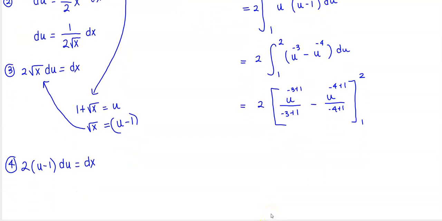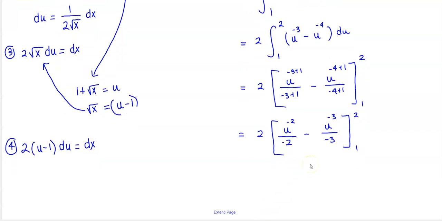Now let's complete this. We have 2 times u to the negative 2 over negative 2 minus u to the negative 3 over negative 3, going from 1 to 2.